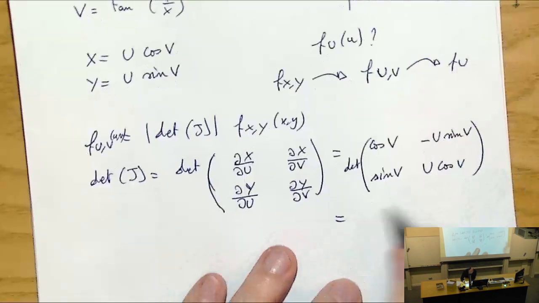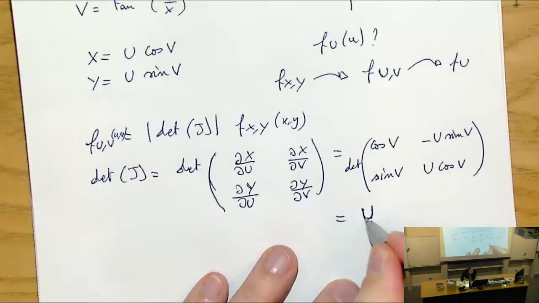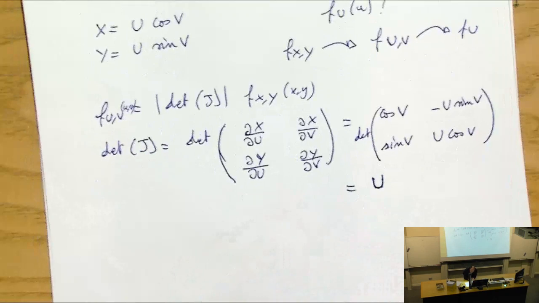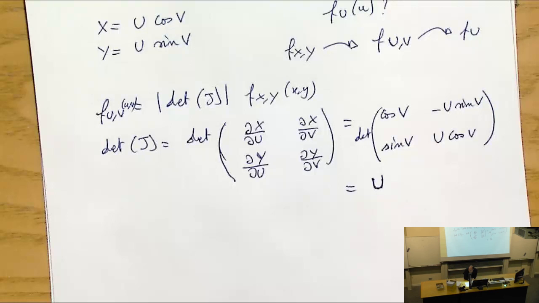Right, so what you get here is essentially u. Okay? This is something we have done already earlier on when we played with normal random variables, and we wanted to show that it's a valid PDF.